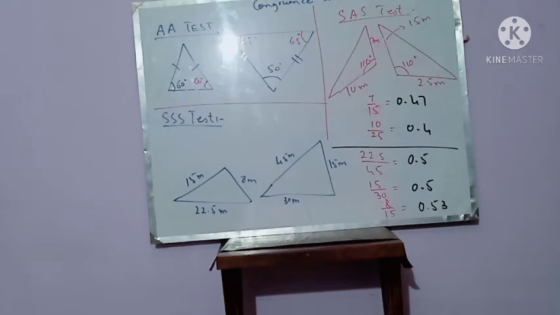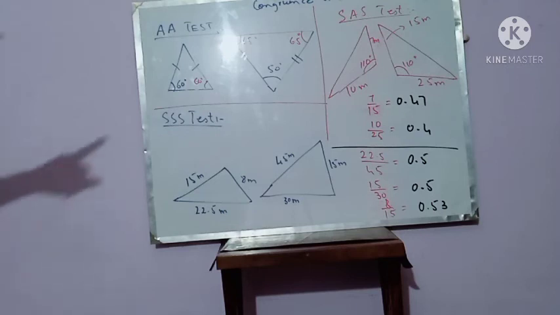The last test is the SAS test, side angle side. My dear students, I told you earlier in congruence that A is in the middle of S and S. It means that A is the included angle. What does it mean? That A should be between the two corresponding sides. It's a very important thing, right?